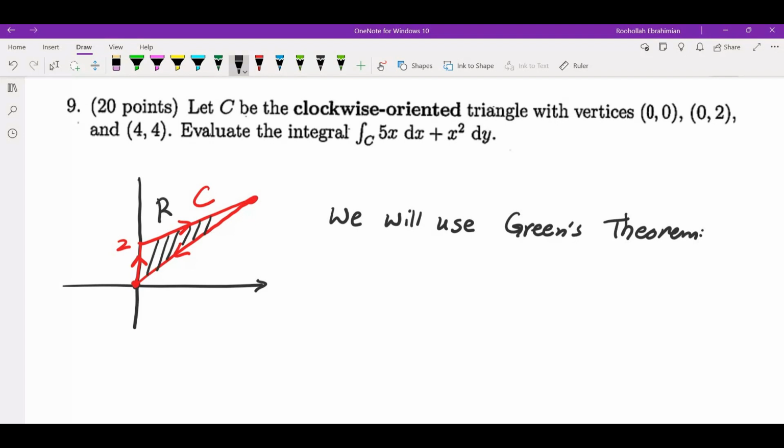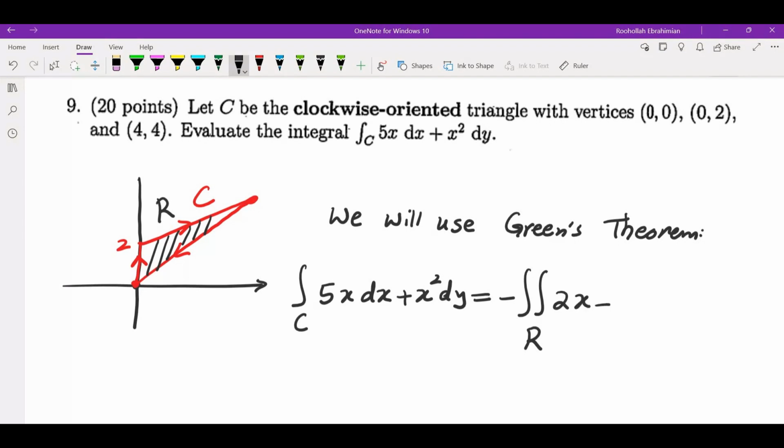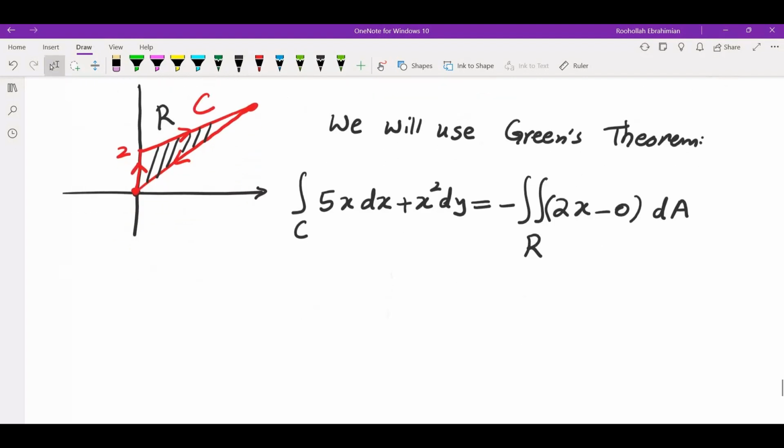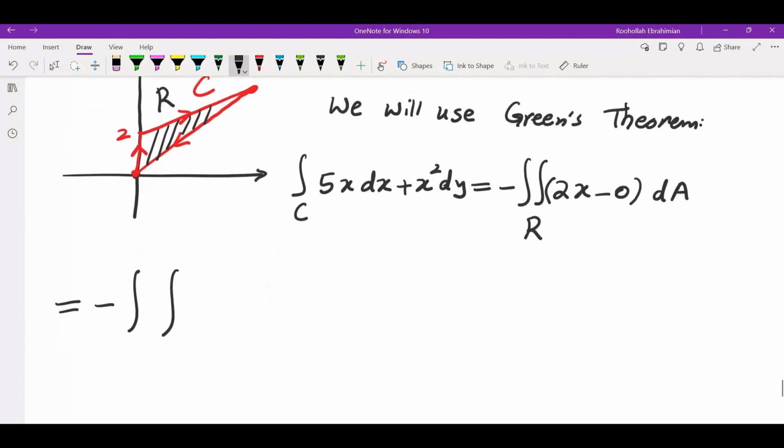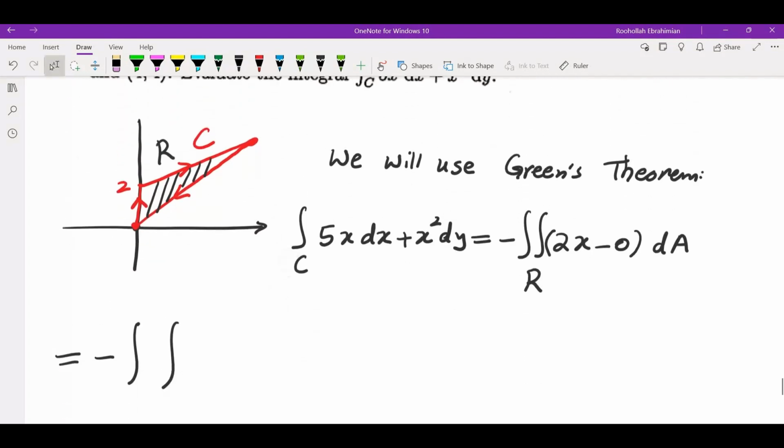This region, I'll call that R. So the line integral of 5x dx plus x squared dy is going to be, since this is clockwise, I'll have to put a negative sign, and then derivative of this one with respect to x, which is 2x, minus derivative of the other one with respect to y, and then dA. Now we have to put the limits of integration, and in fact we have to evaluate this one. So this is a vertically simple region.